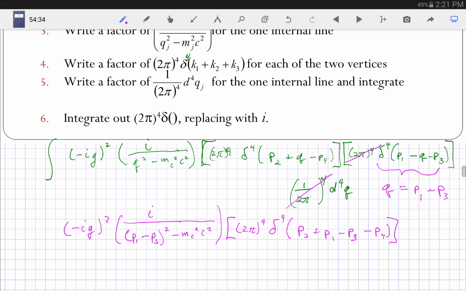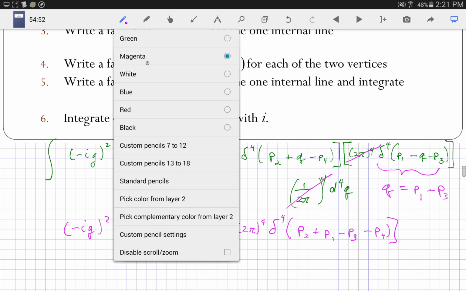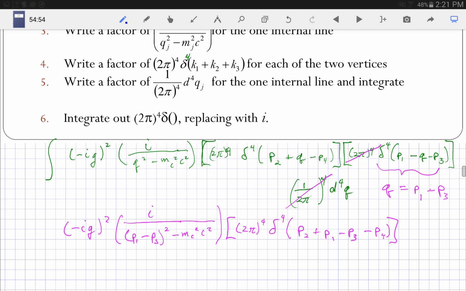Do you have to worry about any of that other stuff, though? Any of what other stuff? D4q? That's the last step. Okay. Now we have step 6. Integrate out the 2 pi to the 4th with... There should only be one remaining delta when you get to step 6. Wait, how do we get rid of the other delta exactly here?